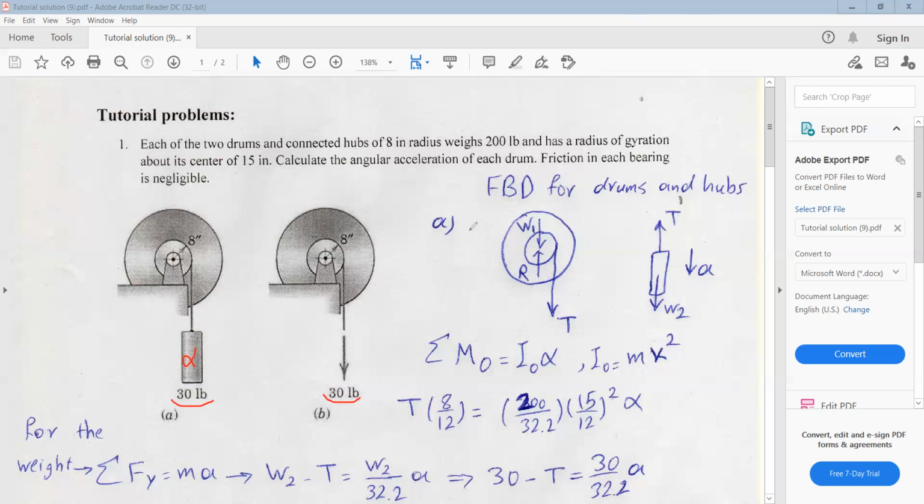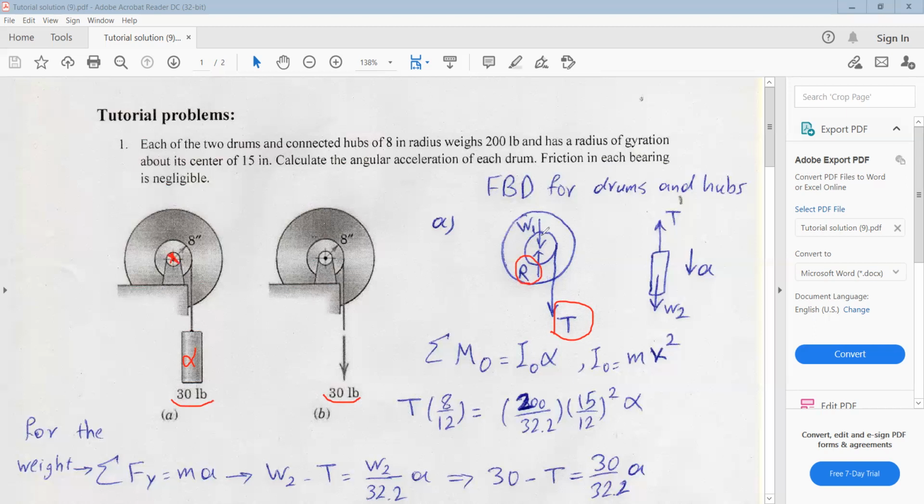So first we need to plot the free body diagram for the drums and hubs. Here in case A, if you plot the free body diagram, we have a tension T, which is not necessarily 30 pounds. Also, we have the reaction force R, which is the reaction at this joint here, which is a pin connection.